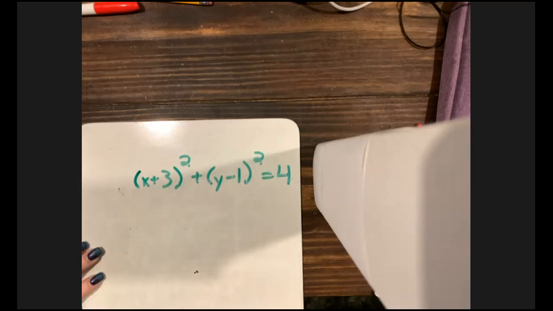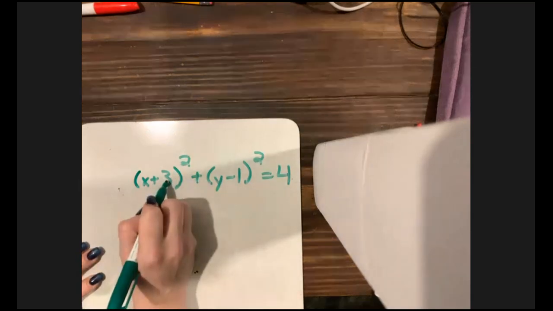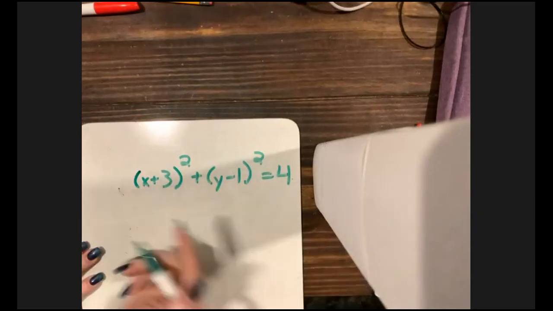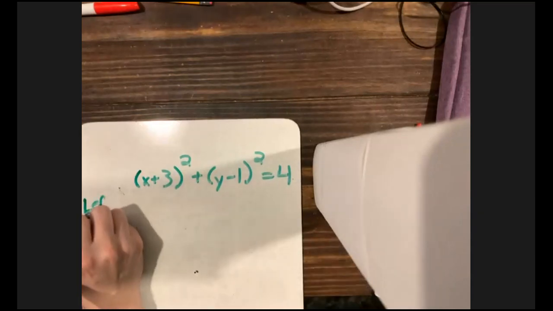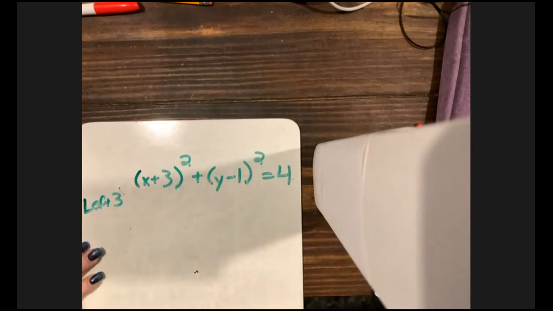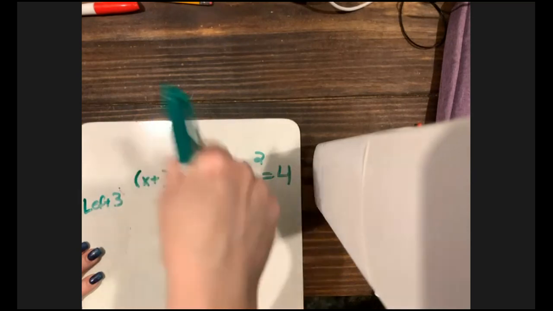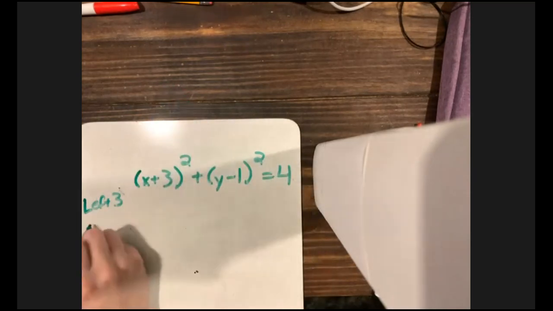So again, thinking in opposites, plus 3 on the x's. Brain normally says pluses to the right. This actually went left 3. Y's is my up and down. Minus I would normally think is down. It actually goes up 1.